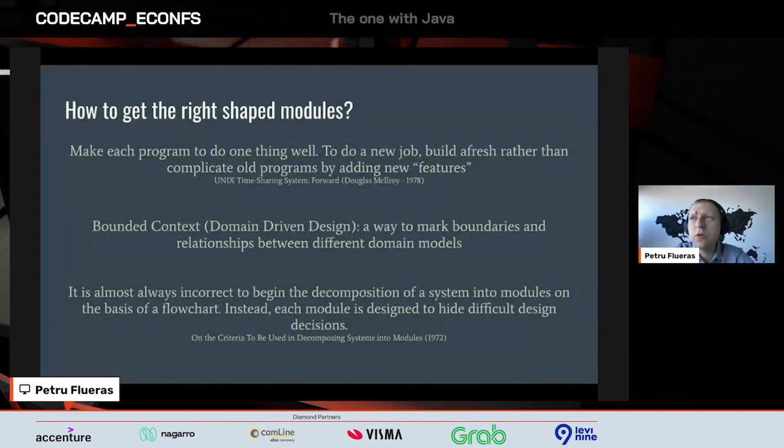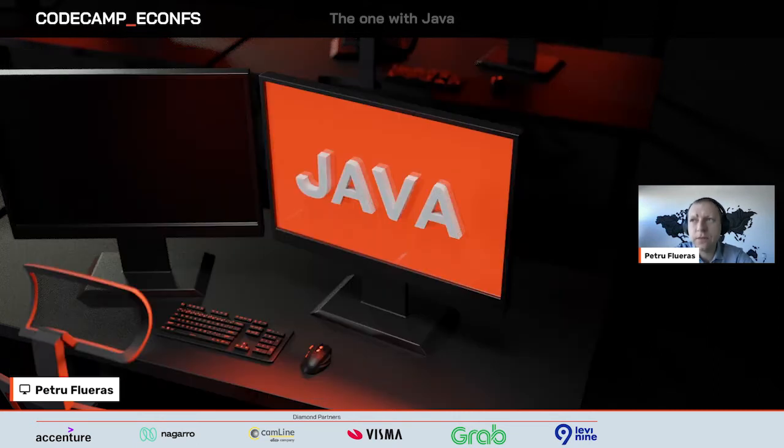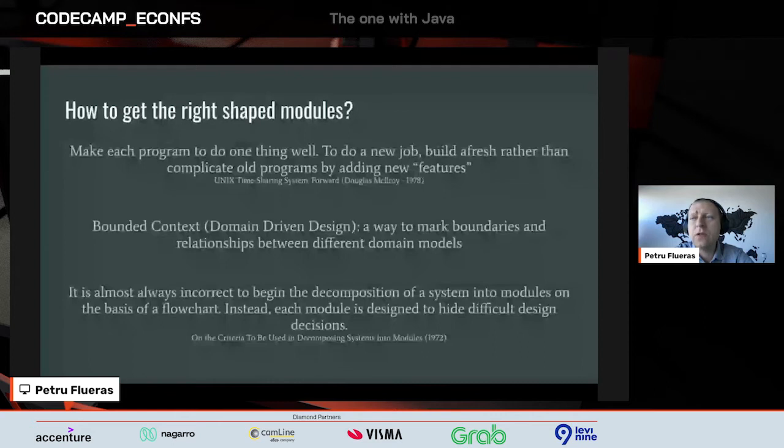We should hide difficult design decisions in these modules. And those decisions should be hidden from the outside. So this is a way we can design modules as well. So we have plenty of recommendations on how to design the module.